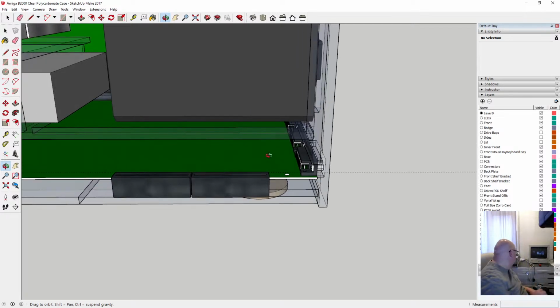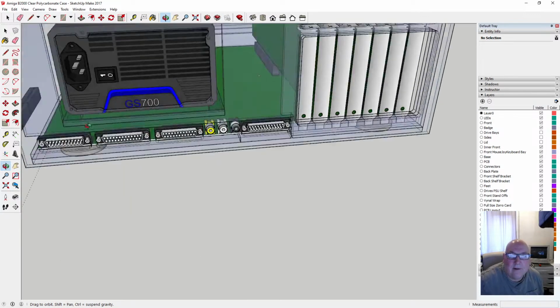Right, let's measure it again. Let's try a different ruler. We've got 33. 32 or 33.5. Yes, 32 or 33.5 it is, so let's go back around here.